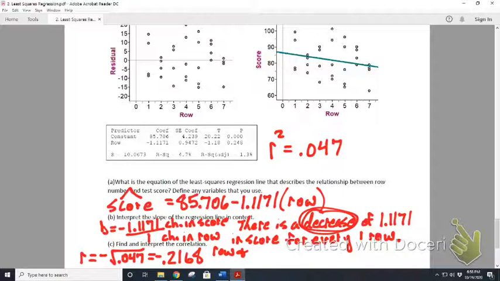I need a different color. This is too much red.